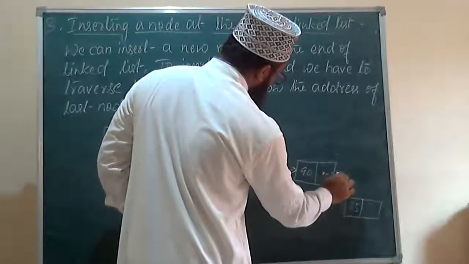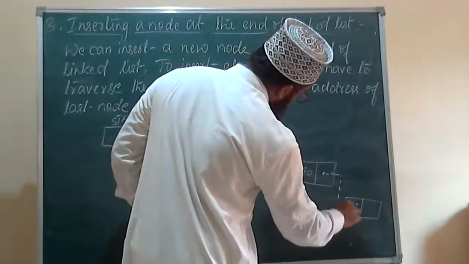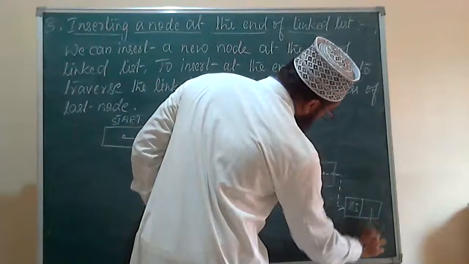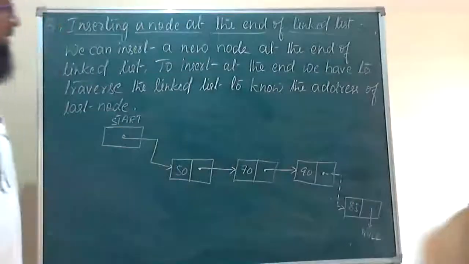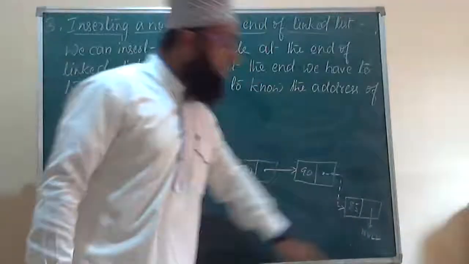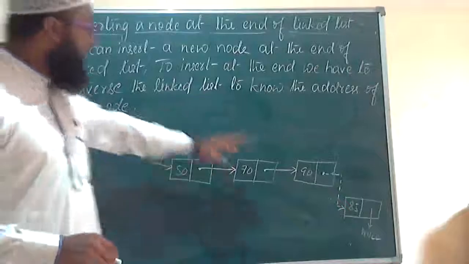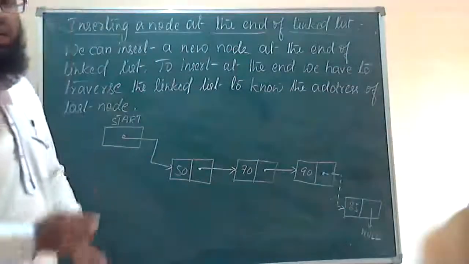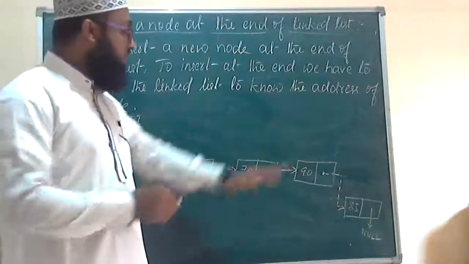Connect the address of the new node to the link field of the last node. Then finally the link field of the new node will be marked as null. If we do like this, we can insert a node at the end of the linked list. Hope you have understood this.